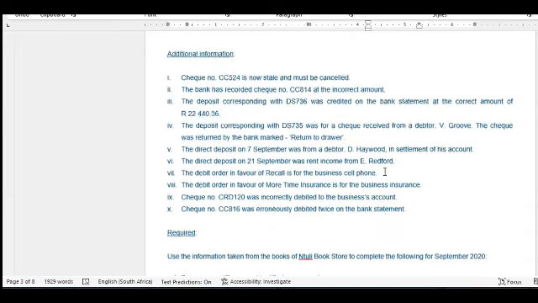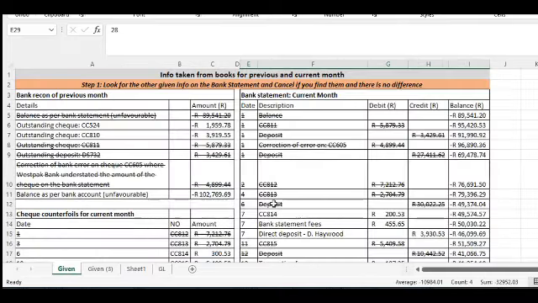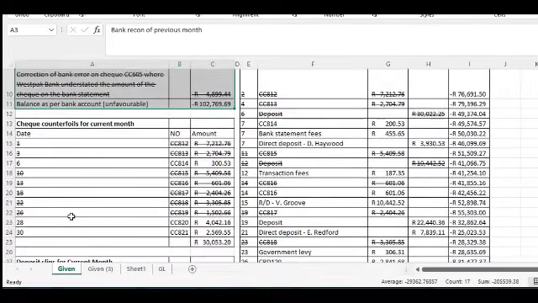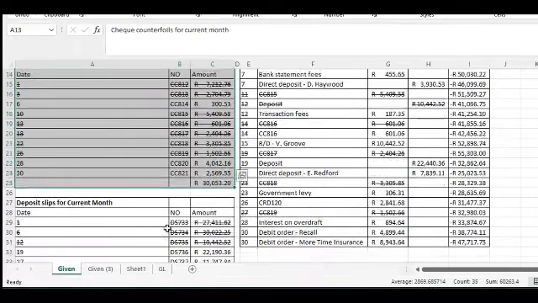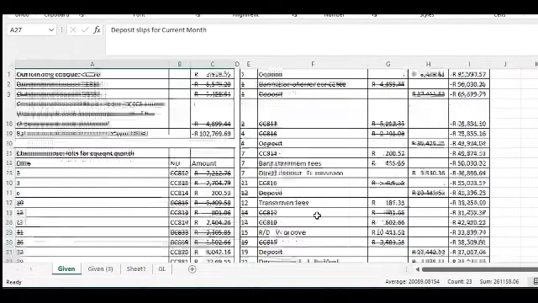Now I'm going to have a look at that in more detail. So let's have a look at the information that was given. So what I've done here is I, in Excel, gave you the bank recon just as we found it there in the Word document, the check counterfoils exactly as we find it, and the deposit slips exactly as they are in the Word document.